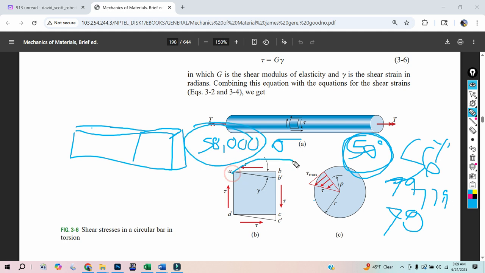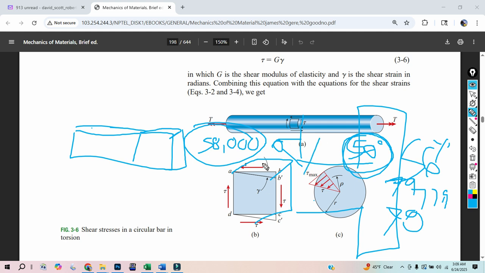If I'm taking this block, and let's say it's actually a bolt, and I'm trying to shear it, putting a force that way and a force that way, trying to rip it apart, I have an area of 1 square inch. Doesn't it take 58,000 pounds to do that? No, it's going to take a little bit less, fractionally less.